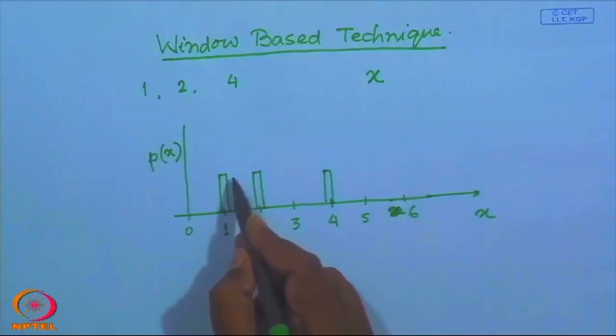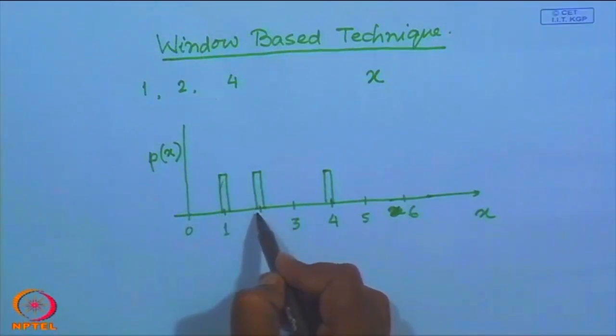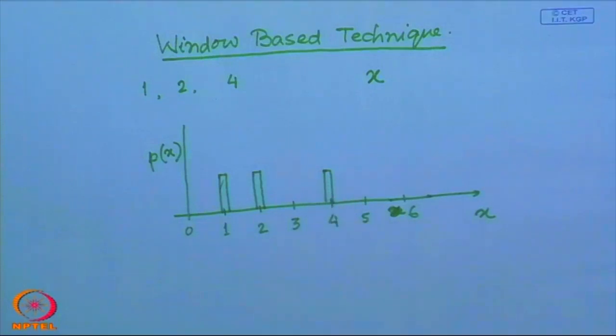And our constraint is that the total area under this probability density function has to be equal to 1. So, that clearly says that the area of this delta function has to be 1 by 3, the area of this delta function has to be 1 by 3, and the area of this delta function has to be 1 by 3.